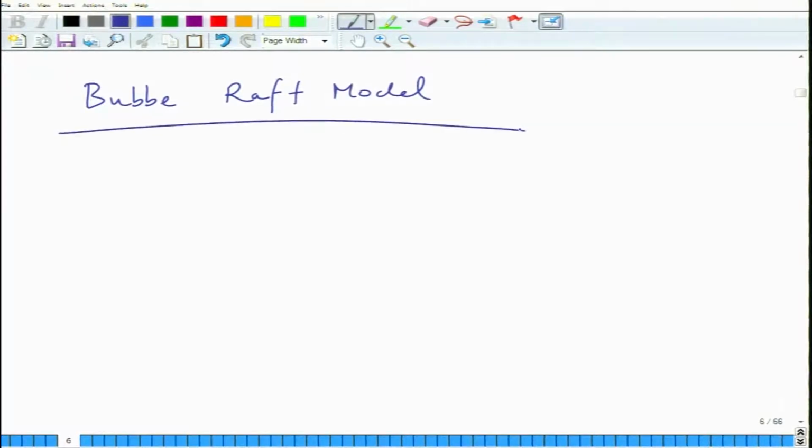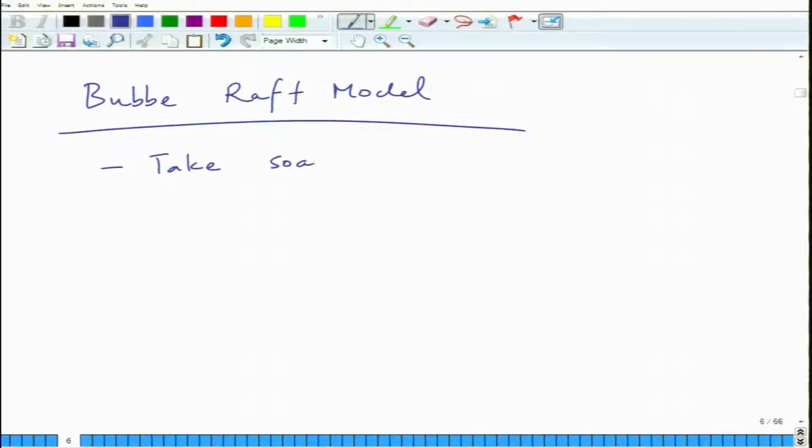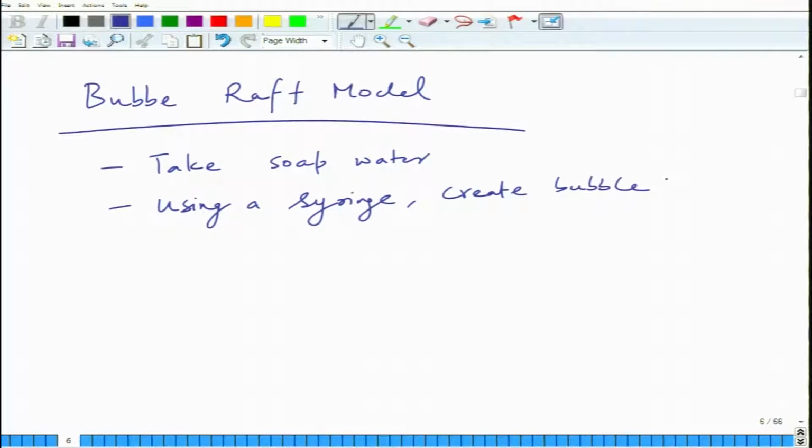So, what you do is that basically you take soap water. I will just write the steps, okay. Take soap water, using a syringe create bubbles, just blow air into the soapy water, and then bring two rafts.